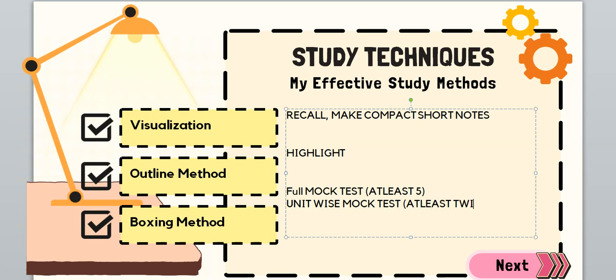So can you imagine how many mock tests you have to give? After every unit you should give a unit wise mock test. How you will give them, you have to figure out, and if you face any problem you can always write it in the comment box.